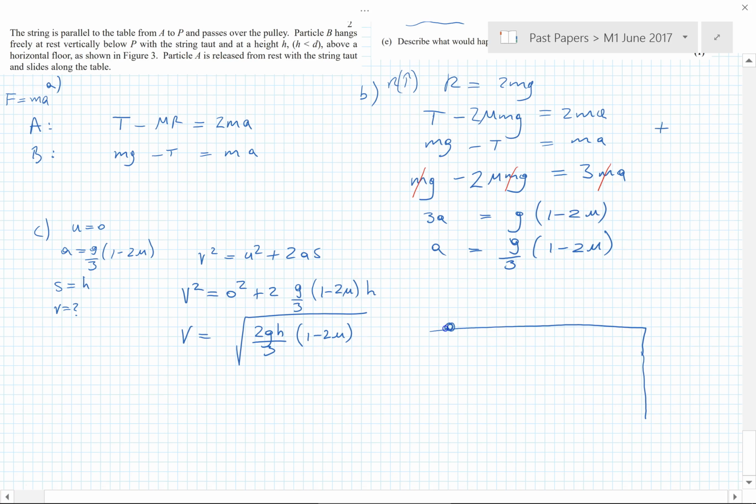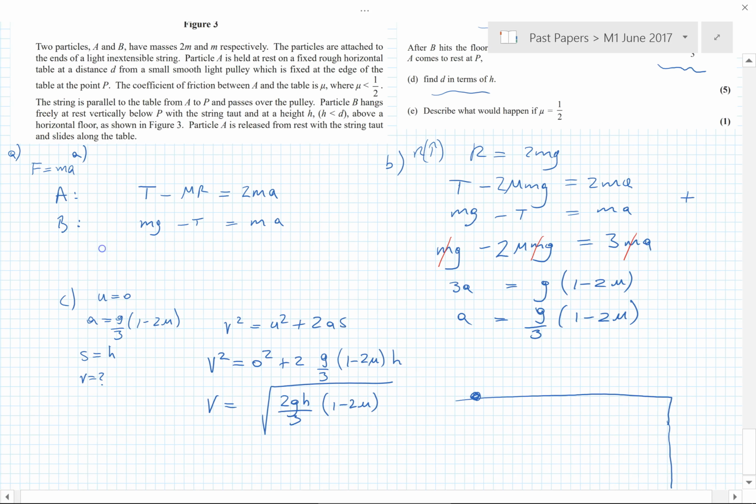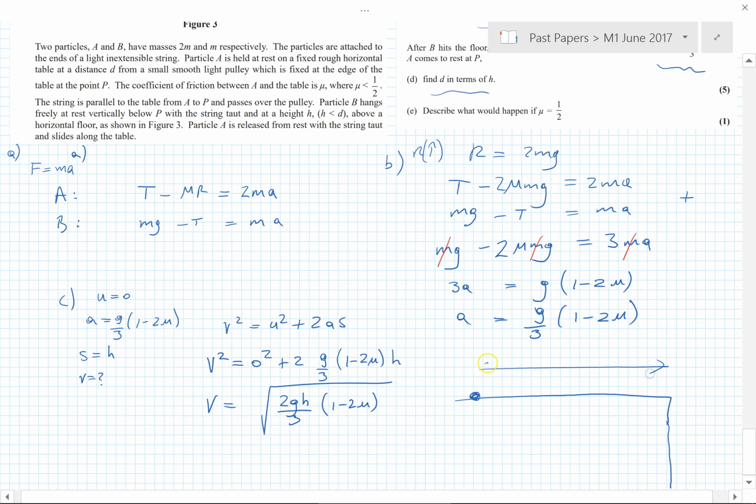We're basically told that the distance from here to here is d, but it will have originally moved h from there to there before this hits the ground.